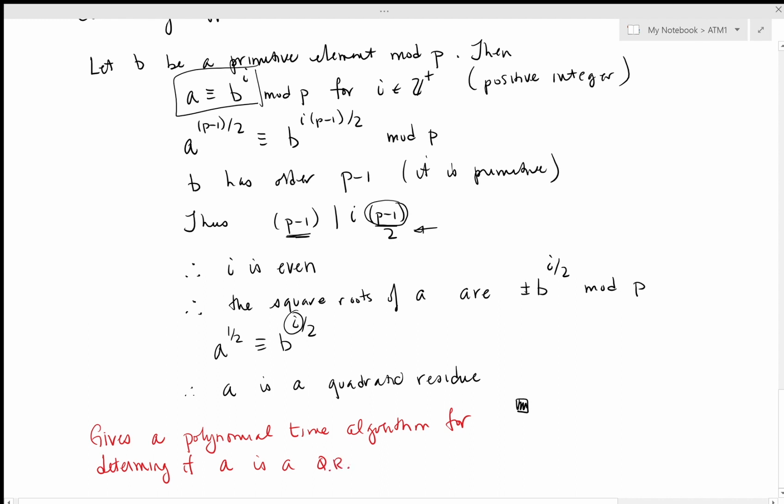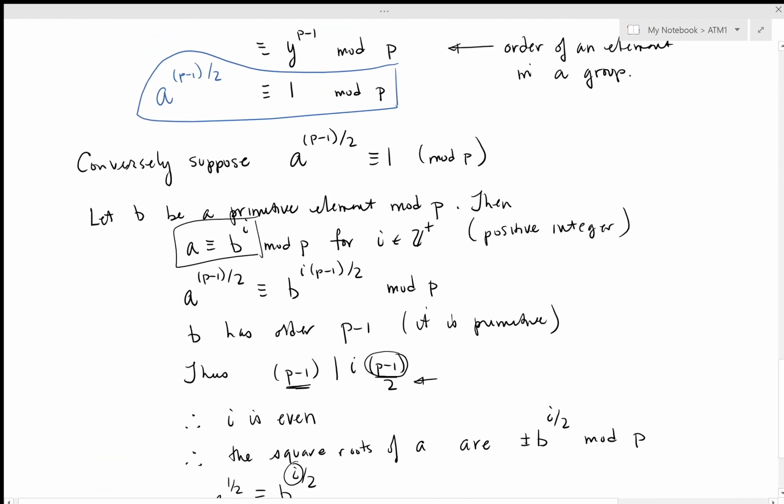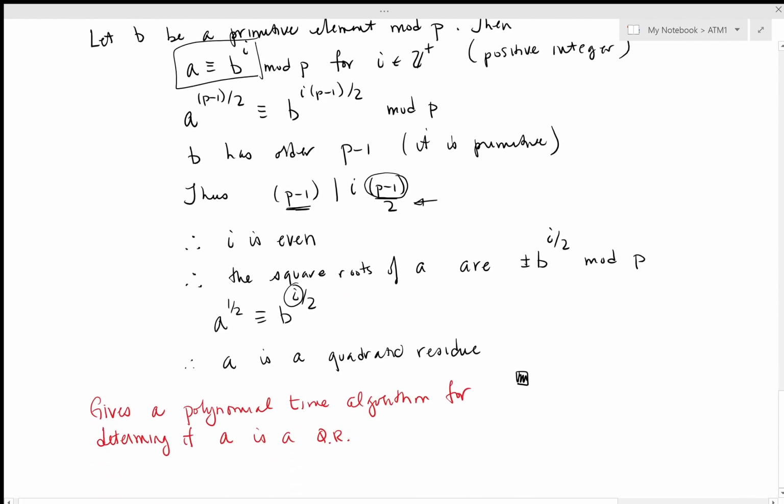And what are we doing to determine that? We are simply doing a modular exponentiation. We compute a to the (p minus 1) over 2, and we ask, is it congruent to 1 mod p? That's our question.